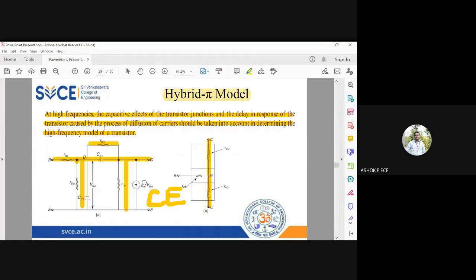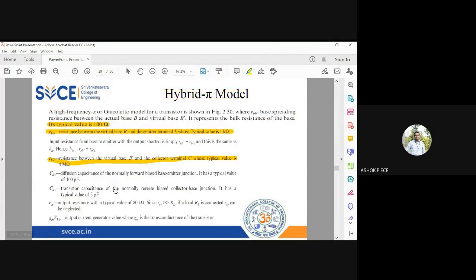Next, two capacitances, Cb'e and Cb'c. See the two capacitances. One represents the forward biased emitter base junction. You know the transistor is made up of two PN junctions, so for a PN junction diode you have two capacitances. We have seen that in forward bias it is called the diffusion capacitance. In reverse bias, you call it the transition capacitance.